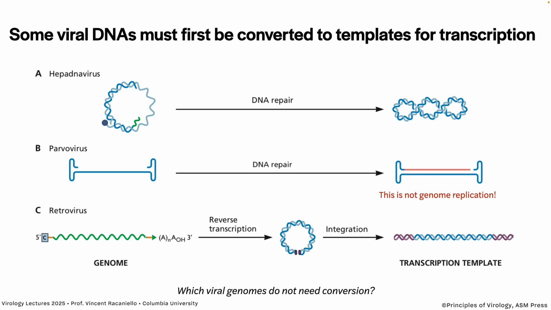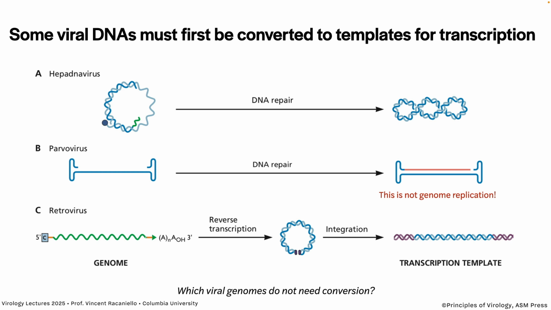So what happens is, this is very interesting. When broken DNAs come into the nucleus, the cell fixes it, because the cell does not like broken DNAs. So broken DNAs include gapped ones like the Herpesvirus genome, and also single-stranded DNAs of the parvoviruses.